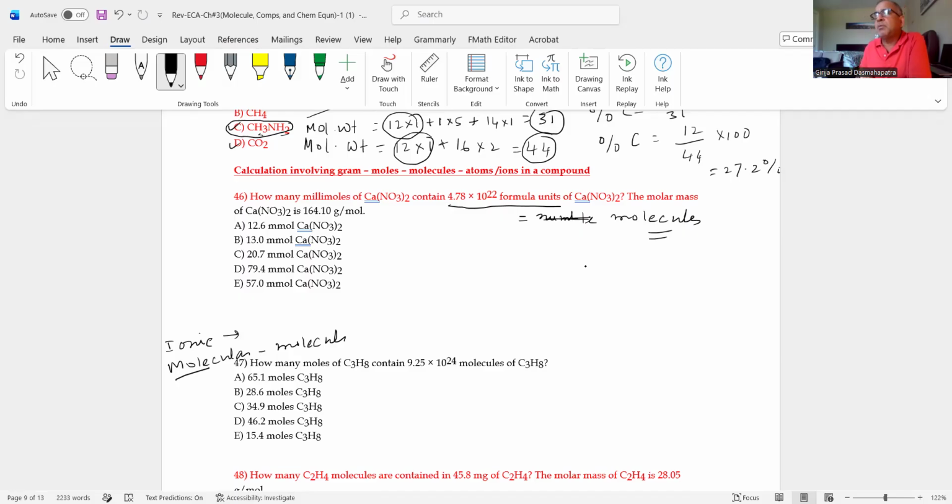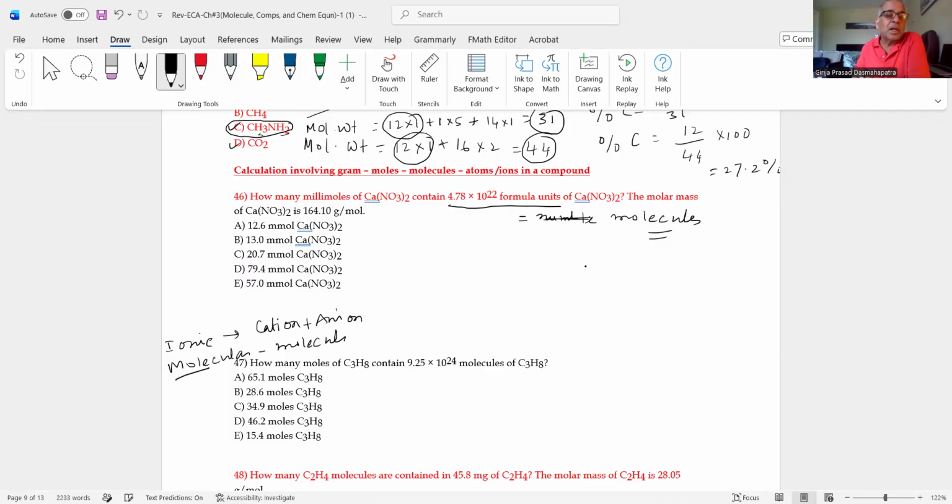At that time, many people believe that it is better not to talk about molecules, rather formula units. So it is the same concept. In case of an ionic compound, instead of calling them molecules, we say formula units, because ionic compounds usually get dissociated into cations and anions when dissolved in water.